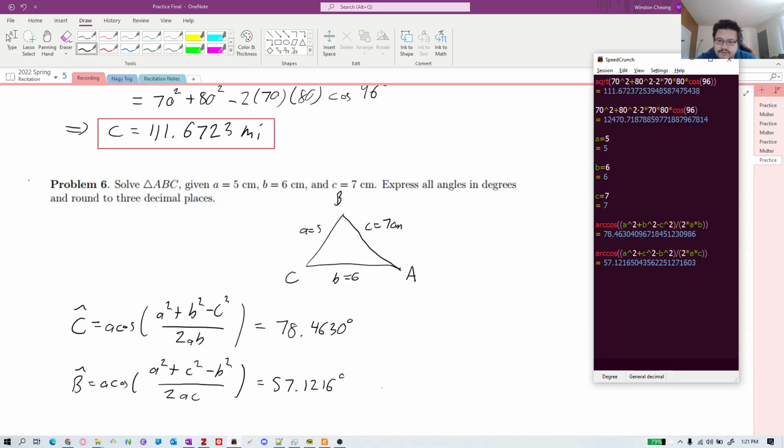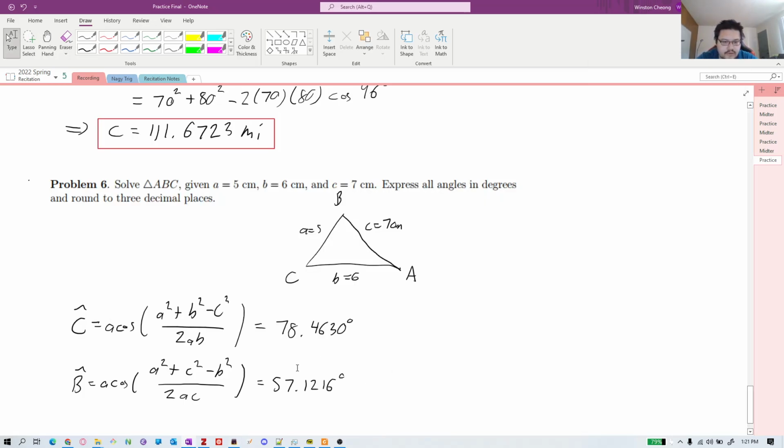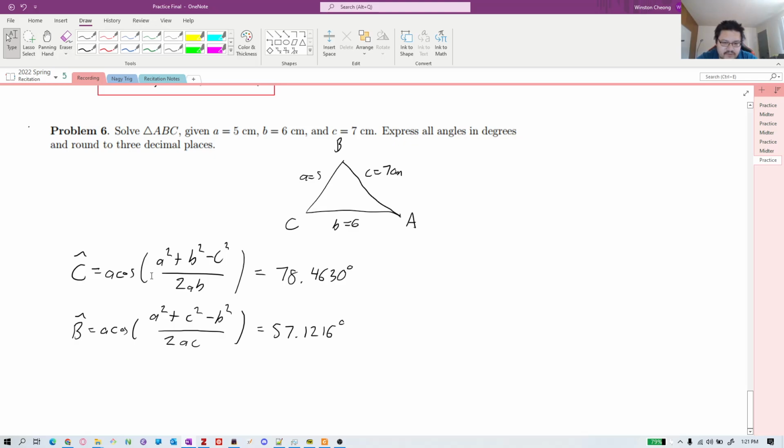Did I do that right? 57.12165. All right. Extra 5 just to make myself happy. Okay. And then A. That would be arc cosine of, this time, b squared plus c squared minus a squared over 2bc.